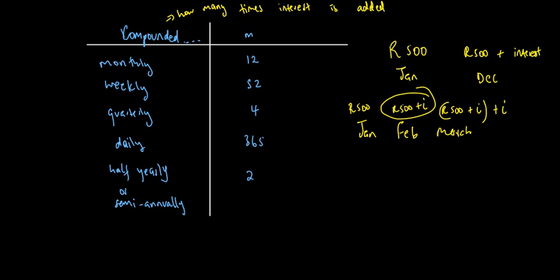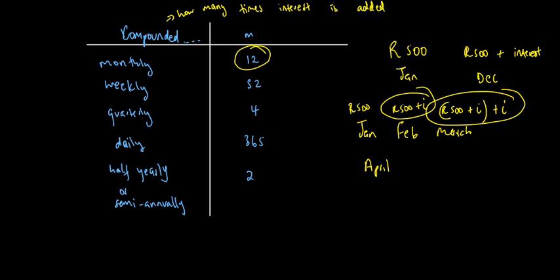You see, it grows every month. In April, the balance here earns interest. So that is monthly. Every month your money is accumulating interest.